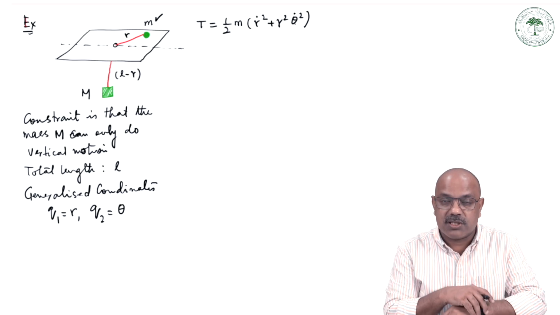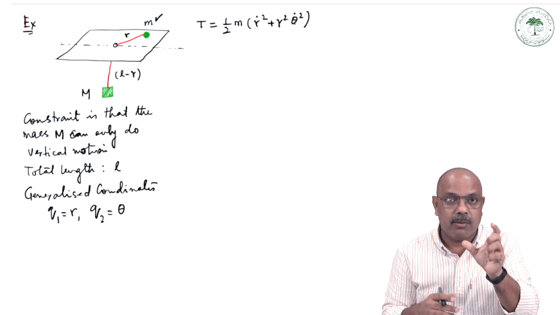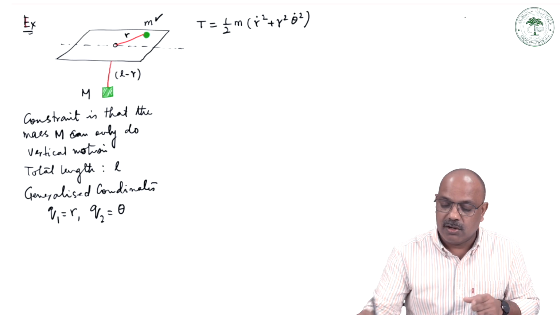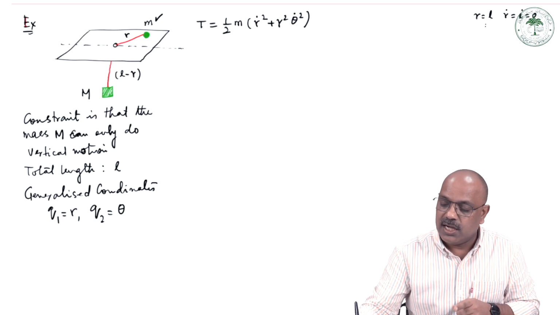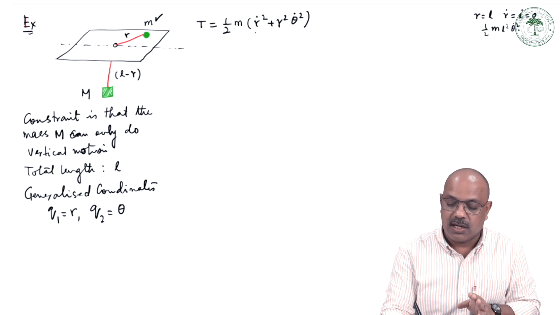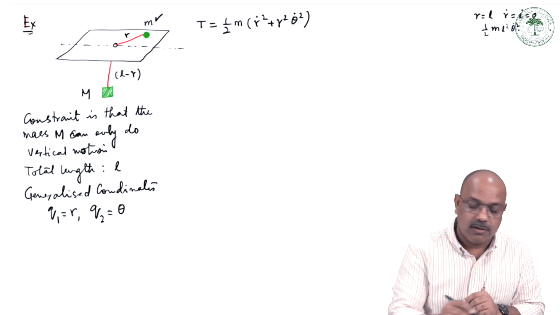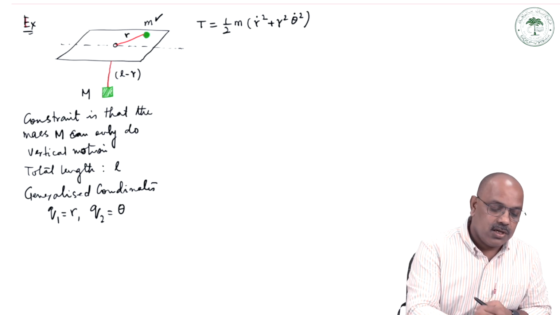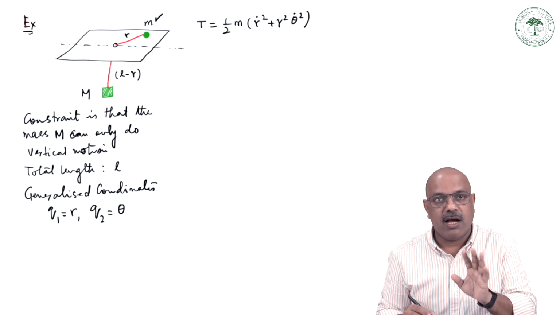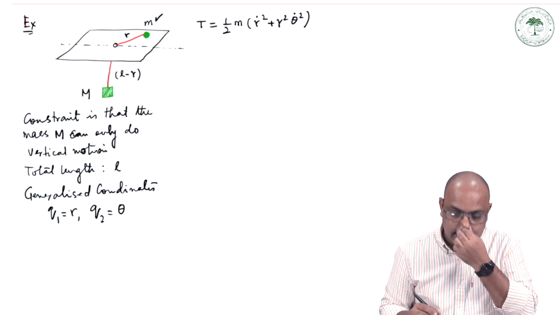If r is constant, as in the pendulum, then L dot is 0, and you only get half m L square theta dot square, not the r dot square term.